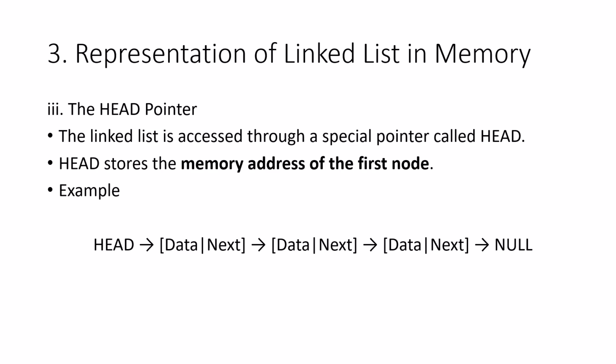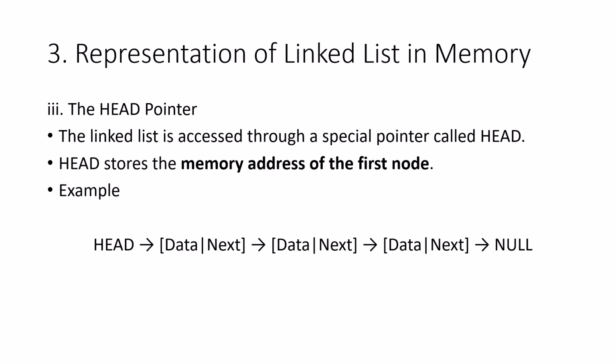The head pointer stores the memory address of the very first node in the list. From this first node, we follow the pointer to reach the next node and then continue to follow pointers until we reach the end of the list.